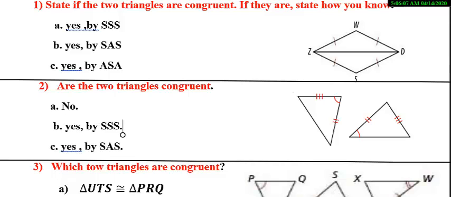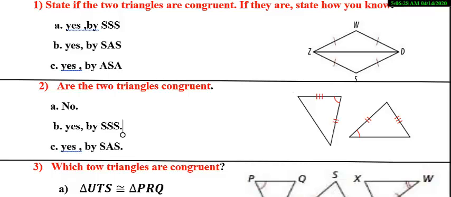But we have a problem here: the included angle is not in the same position between the two congruent sides, which tells us that the two triangles are not congruent by the side-angle-side postulate. So in this case, number 2, they are not congruent.